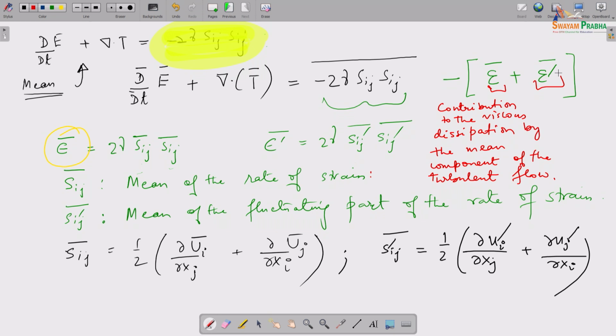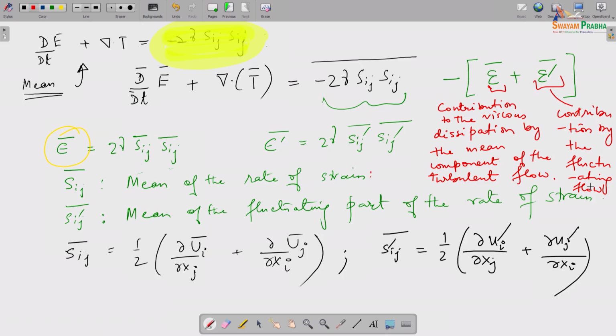fluctuating part of the turbulent flow essentially, right?